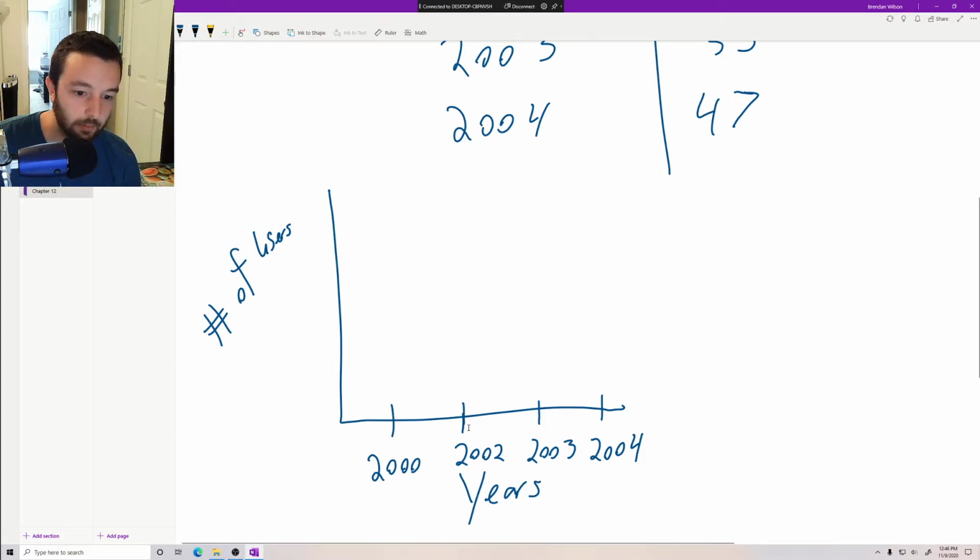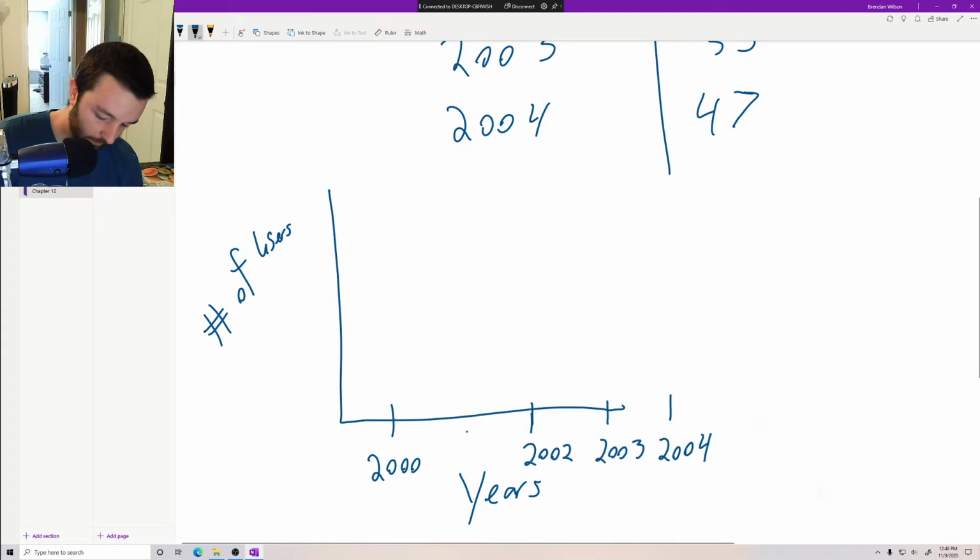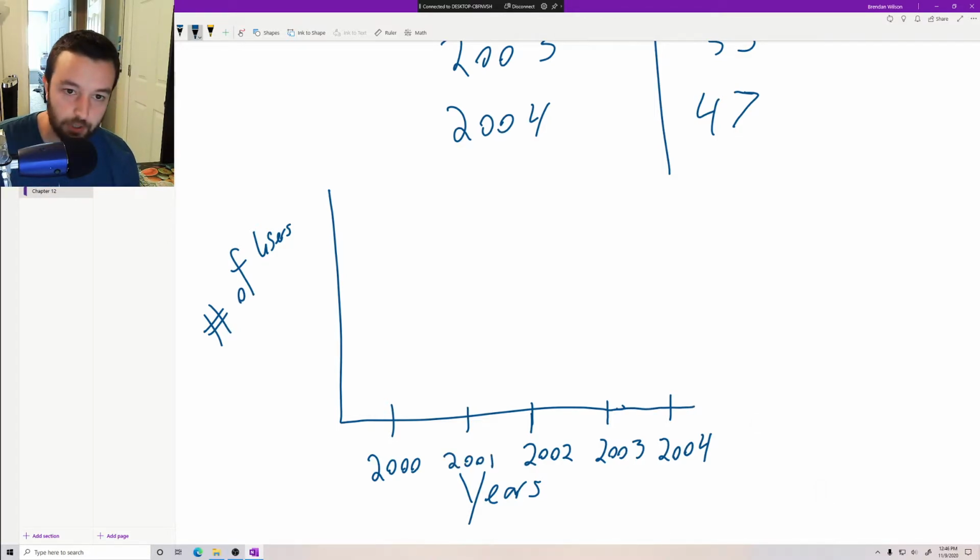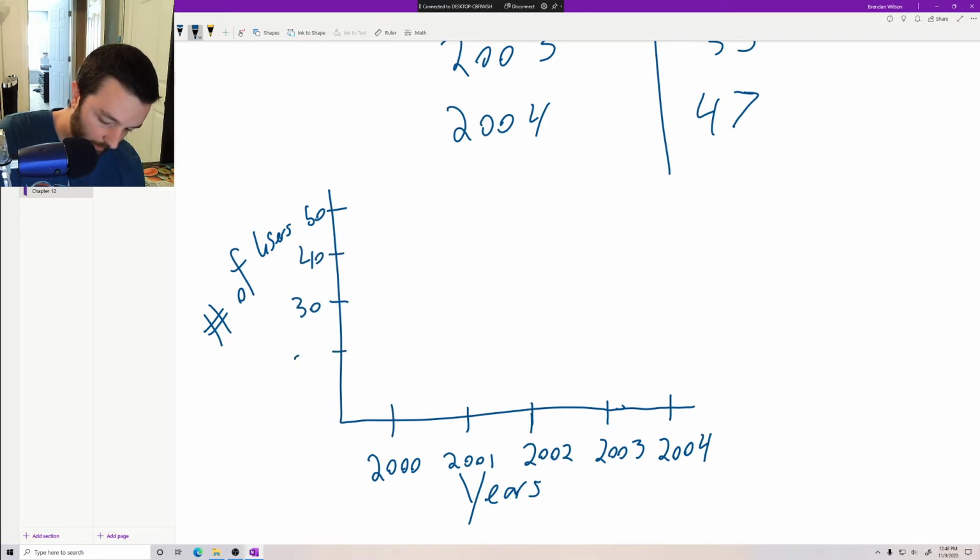Maybe if you like, you can move these over and throw a 2001 in there as well, even though we don't have a data point for that. And then say we got 50 up here, 40, 30, 20, 10.